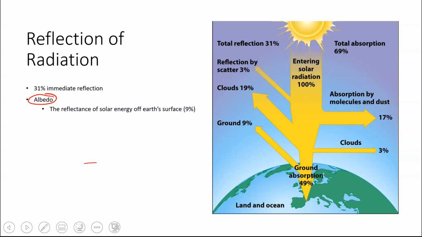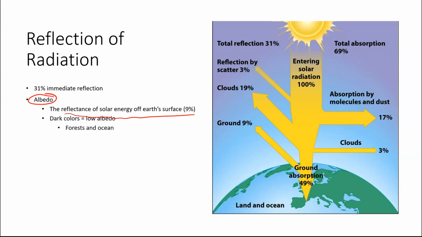So albedo is the reflectance of solar energy off the Earth's surface. About 9% of the incoming solar radiation is directly reflected back to space by the Earth's albedo. Now, in some locations, it's more than 9%. In some locations, it's less because it's heavily dependent on the color of the surface.